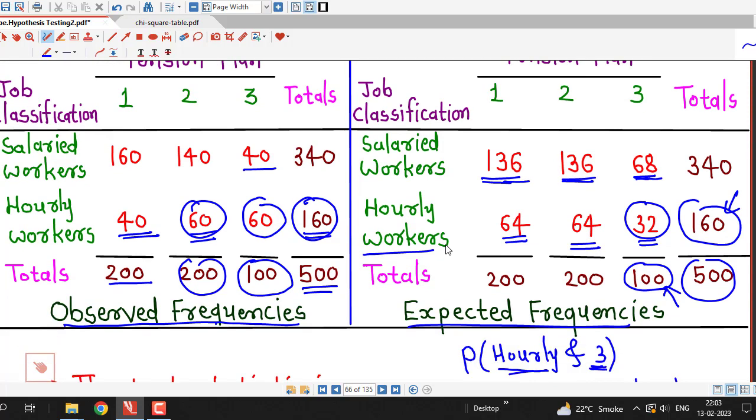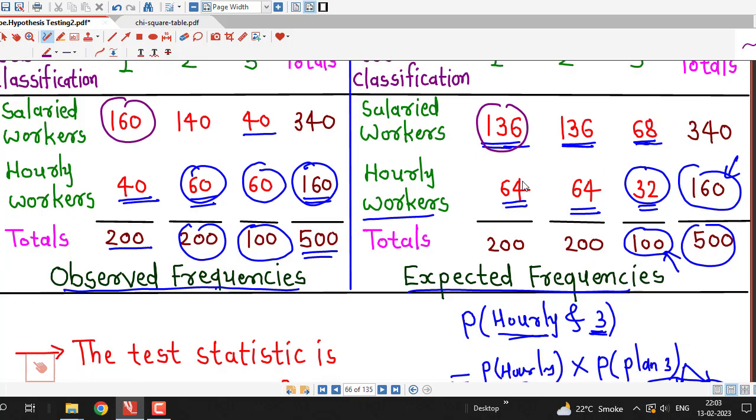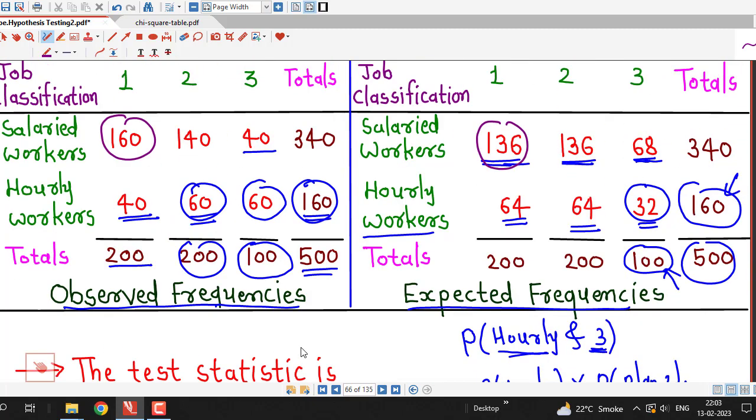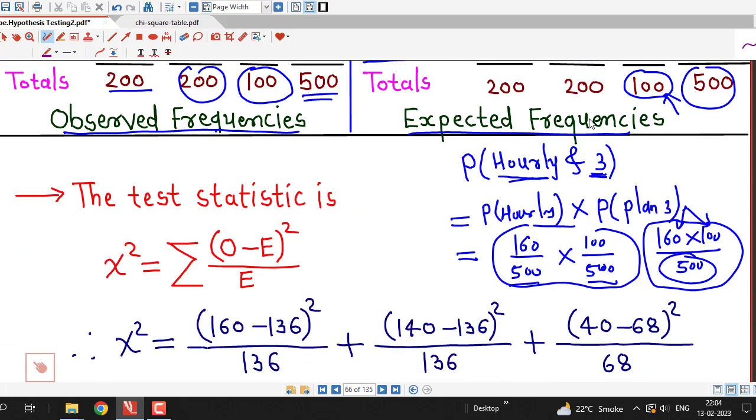Now once we have all the expected frequencies, we can find the value of the test statistic. For that we take the difference of corresponding observed and expected frequencies, square that difference, and divide by the expected frequency. The first term will be 160 minus 136 whole square divided by 136. The second term is 140 minus 136 whole square divided by 136.